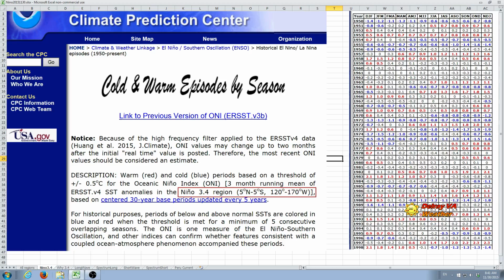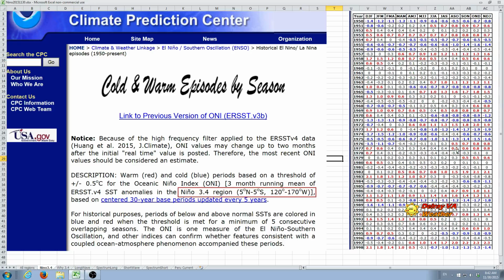Okay, this is a graph showing the web page at the Climate Prediction Center, showing what they use as the El Nino index. What most people use is the El Nino index. People who are playing around with El Nino values will recognize this graph.